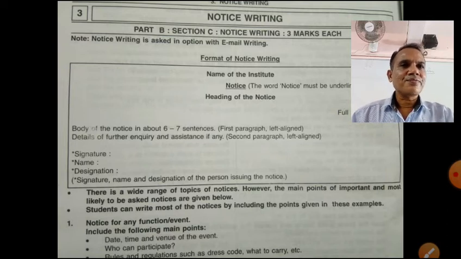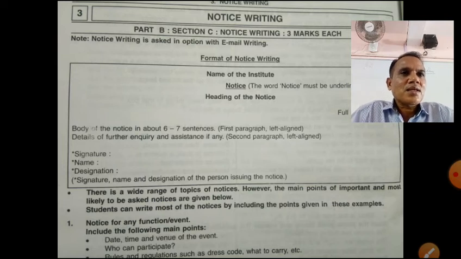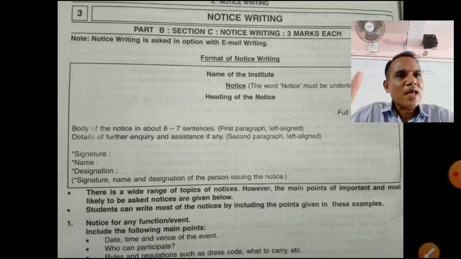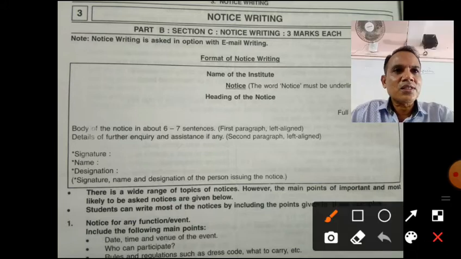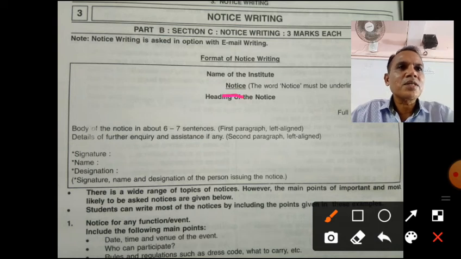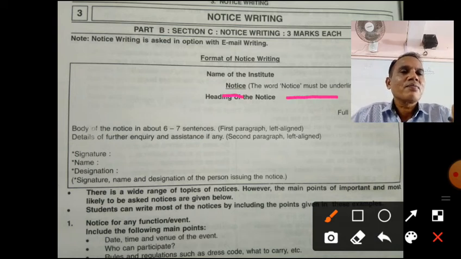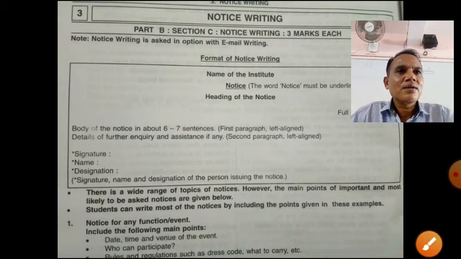Write the name of the institution in capital letters. Below this, one line blank, and the word notice must be underlined. Then the heading of the notice, we call it the title.